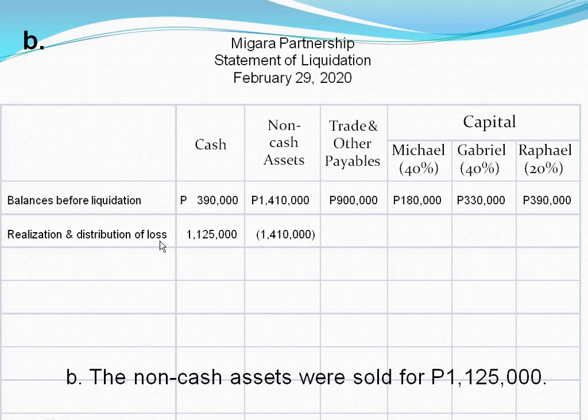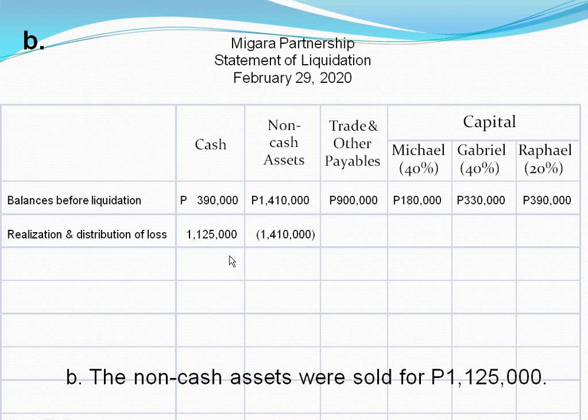Because it's written here? Of course not. You know the sale resulted in a loss because the partnership received less than the carrying value of the assets sold. How much is the loss? 285,000. The difference between these two figures.